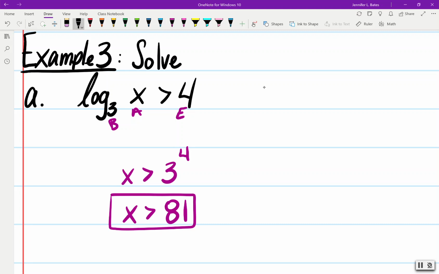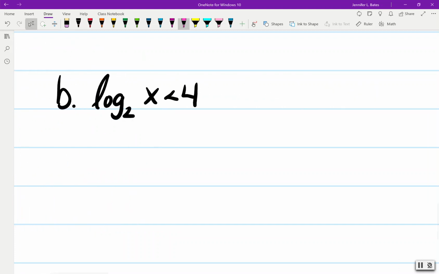Let's take a look at another example, example B. In example B, we have log base 2 of x is less than 4. Okay, so I need to switch forms.